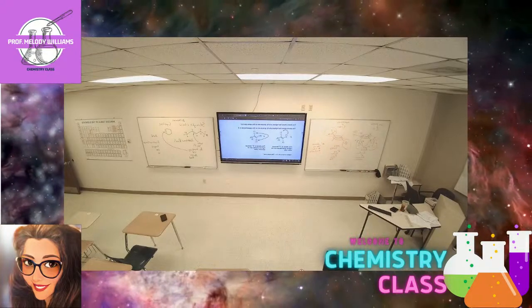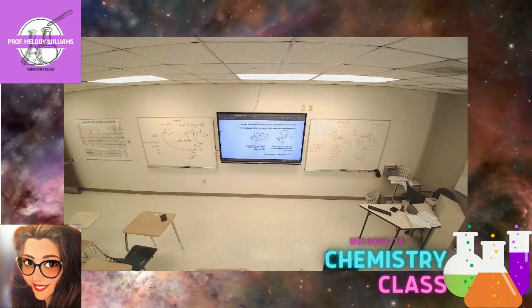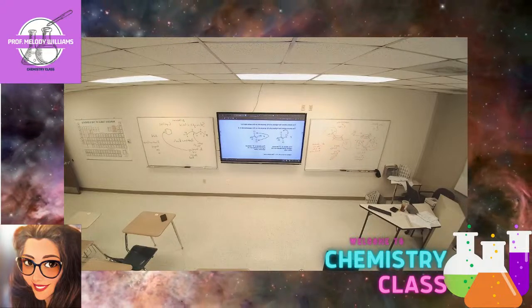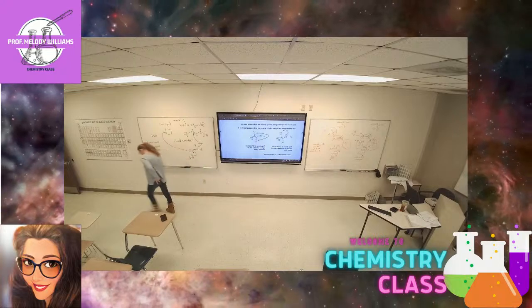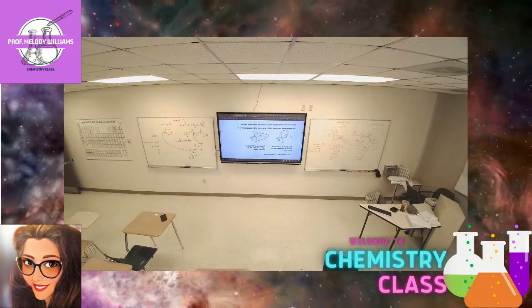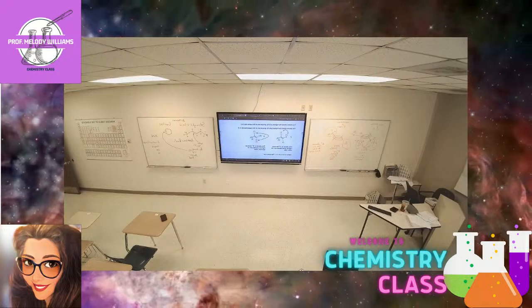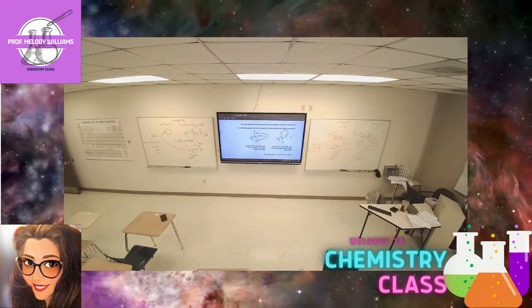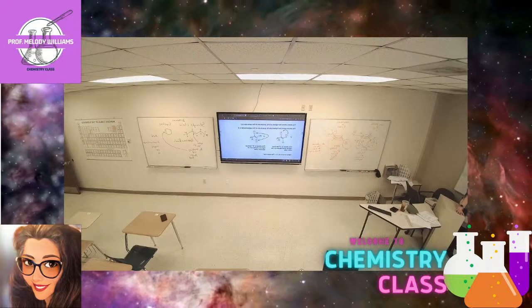So let me just make up another one. Let's say we got a fluorine here. Let's say we got an OH here, okay? Let's say we got a methyl here. And let's say we got a bromine here. Is it E or Z notation?